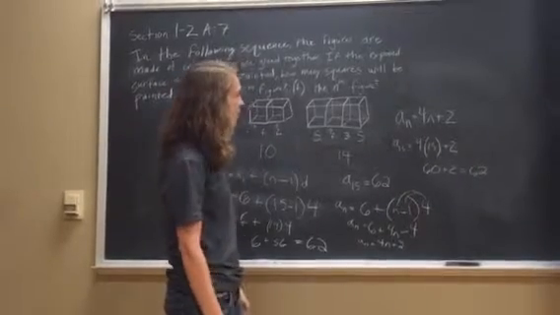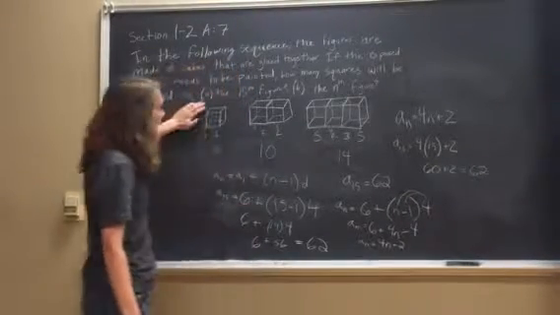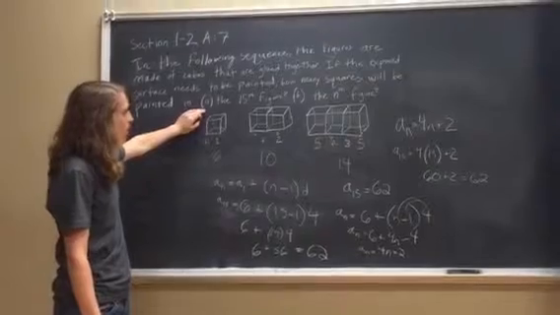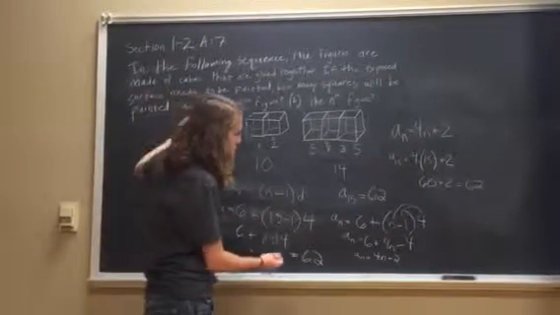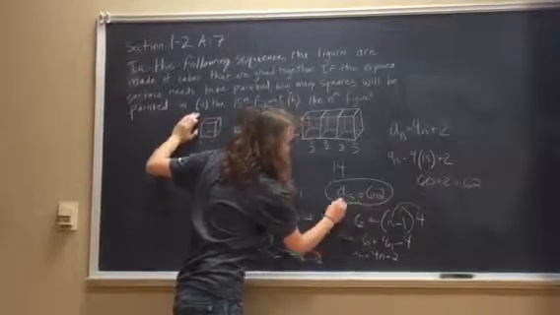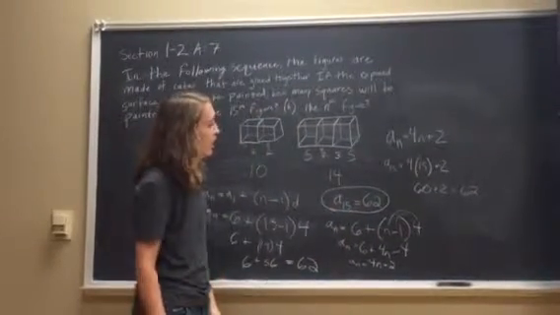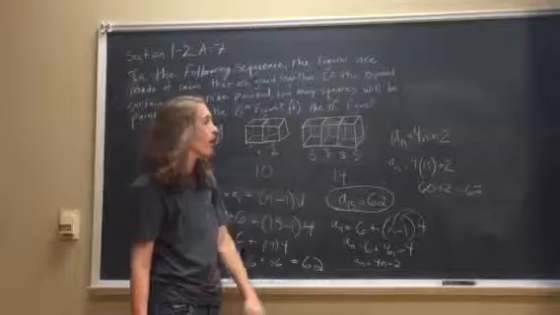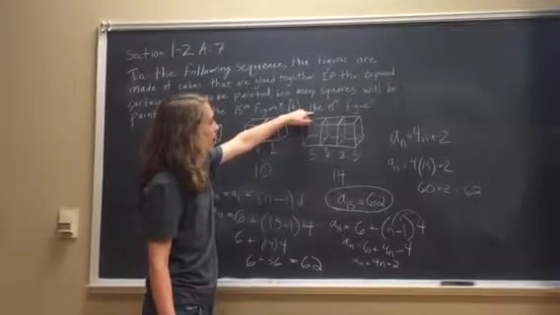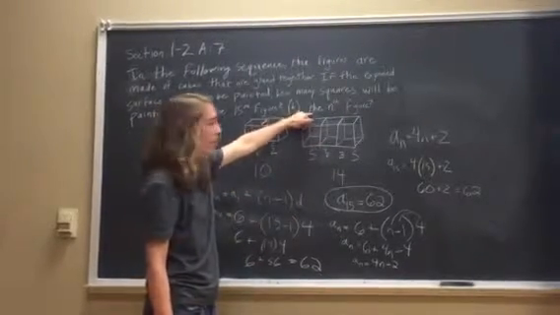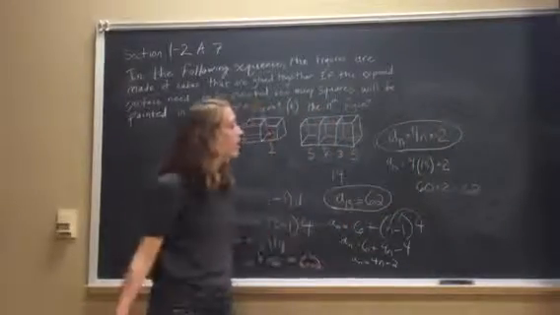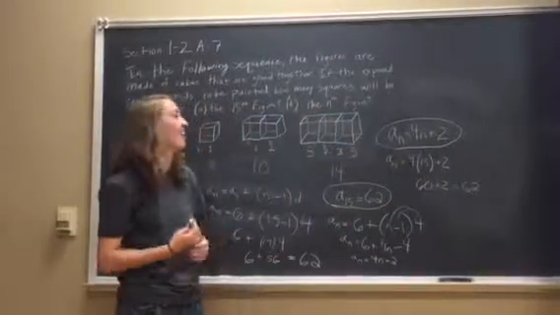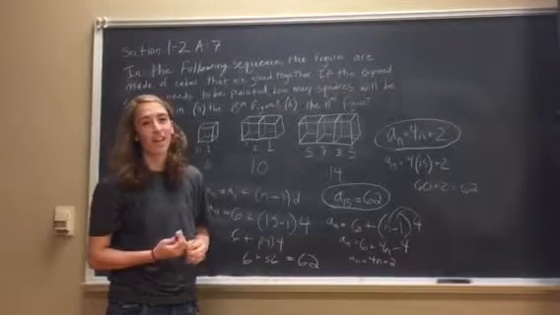So our final answer for A, the 15th figure, the number of exposed squares we have is right here, 62. And the final answer for the nth figure formula is right here: a_n, the nth figure, equals 4n plus 2.